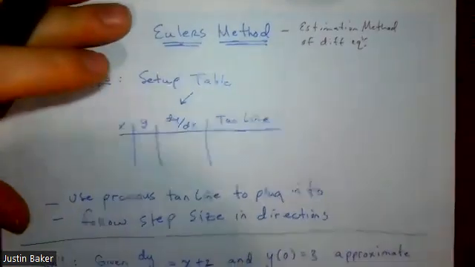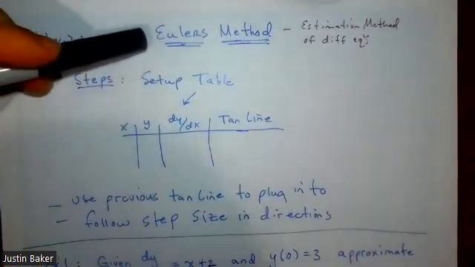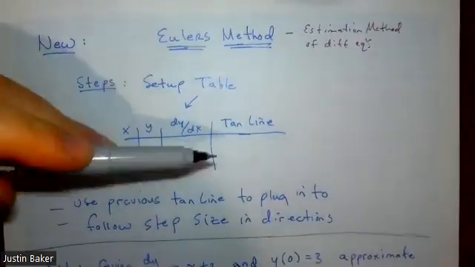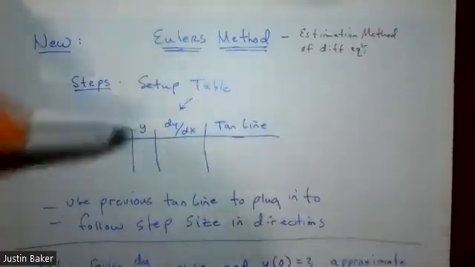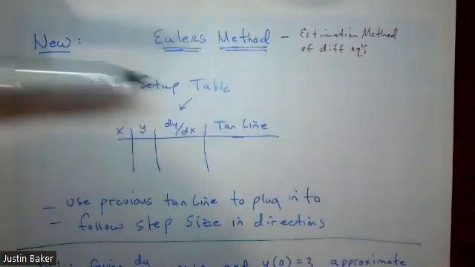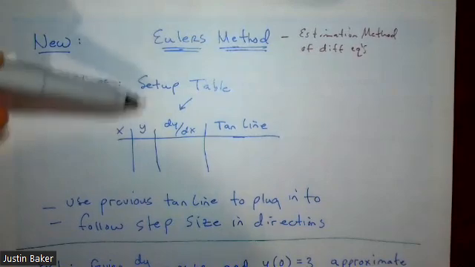Okay, anyways, when you hear Euler's method, or you see that you're going to do one, the first thing we do is make this table. The table is always x, y, dy/dx, tangent line is how I list the different columns on my table.